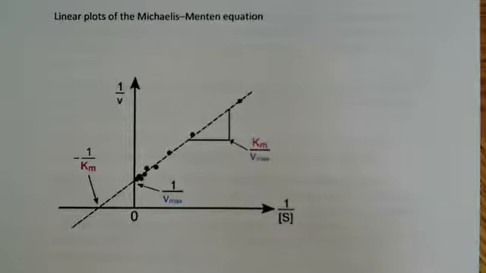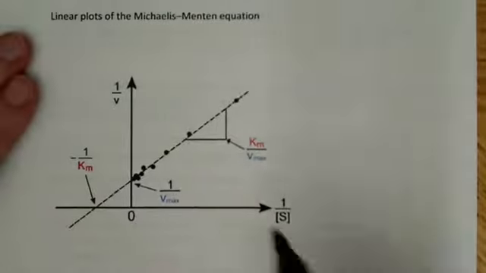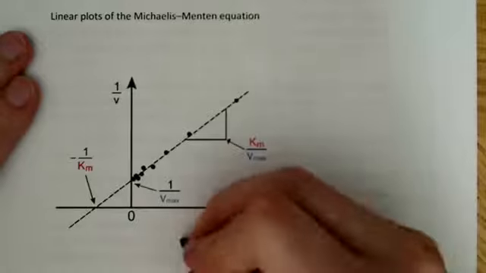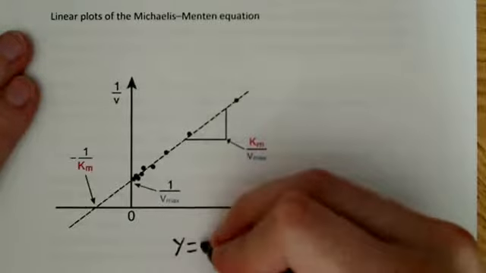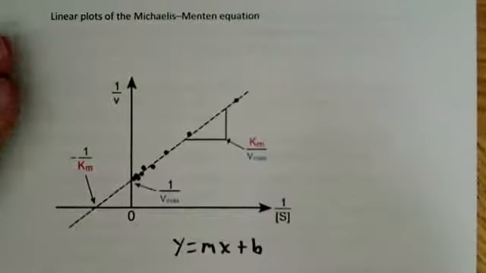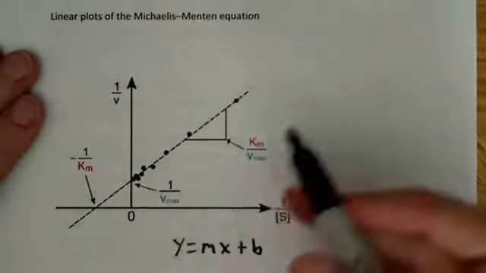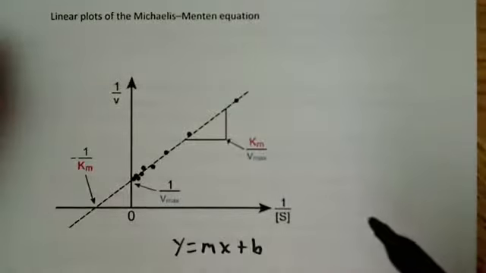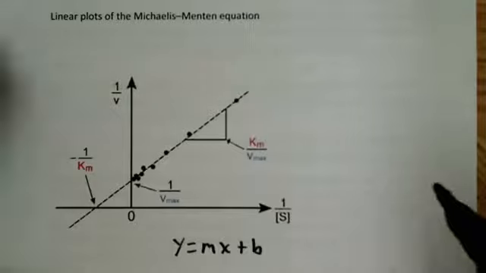And you might be saying, well, what does this mean? Why is this helpful? Well, this is actually extremely helpful, because if we go back to basic algebra, we have a line, and we remember that the equation of a line is y equals mx plus b. And if we look at this line and what these representations are, just like we did in algebra, we want to know about the x-intercept and y-intercept.